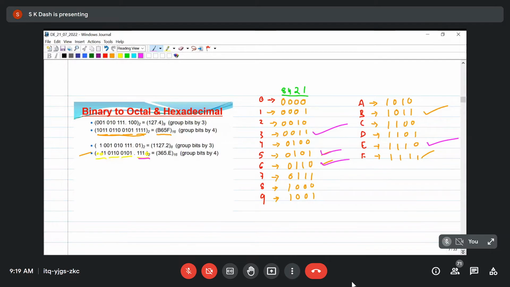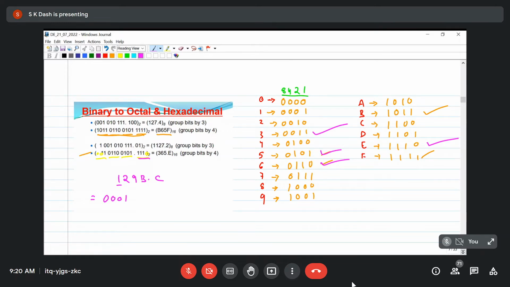So vice versa is also possible. Suppose it is given as 129B point C. It is given in hexadecimal. So what will be its binary equivalent? 1 means 0001.